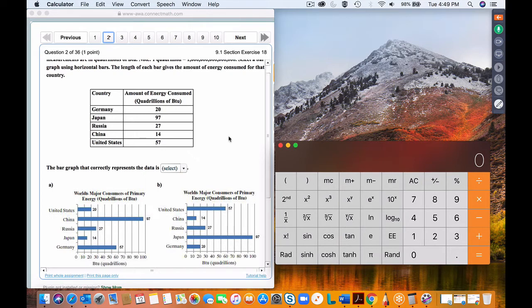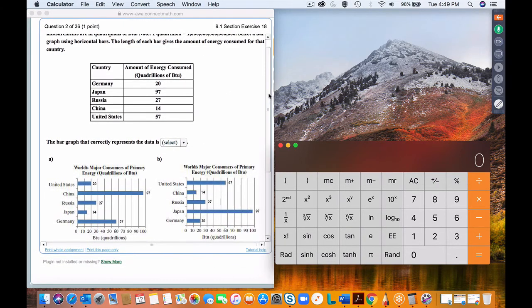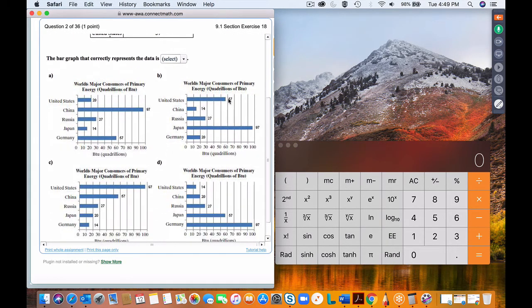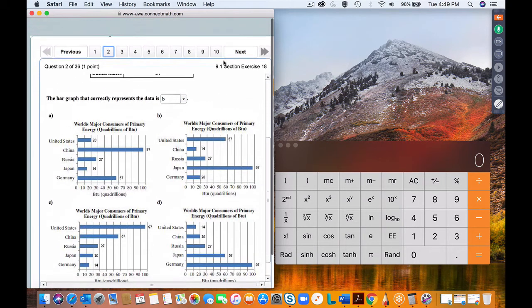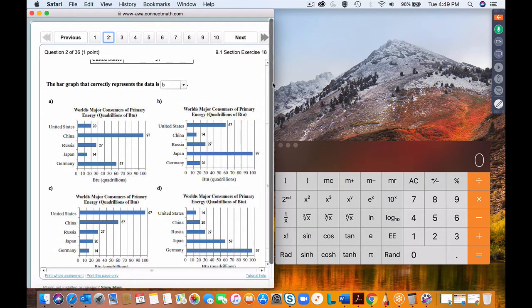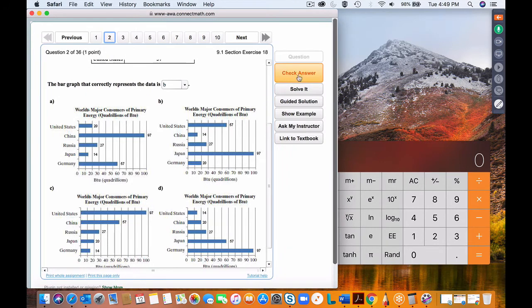So notice Germany is 20 and United States 57. So I'm rolling down. I see United States right here with Germany, B, and that's it. So it's B. Let's check.